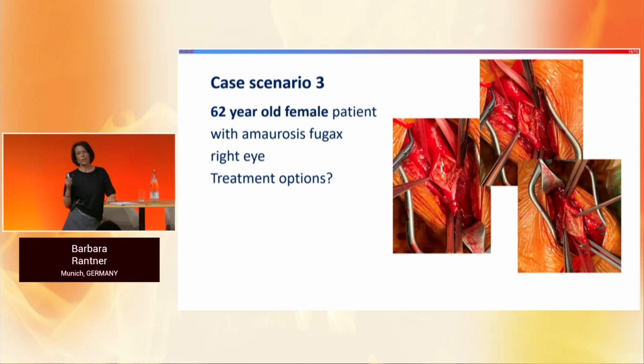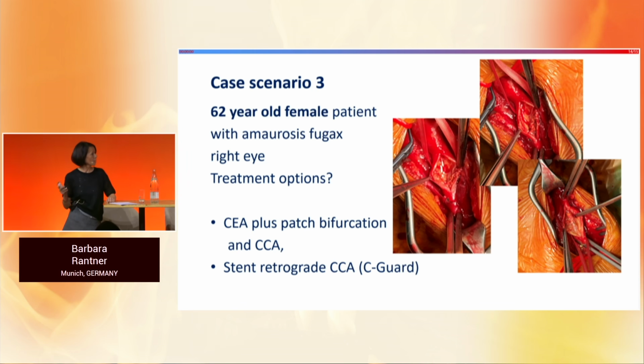So we opted for an open repair of this bifurcation pathology, and you can see here the embologenic material in the common carotid, and it was the same in the bifurcation. So we treated this with endarterectomy and patch, and retrogradely treated the common carotid artery dissection with the Seagard stent.